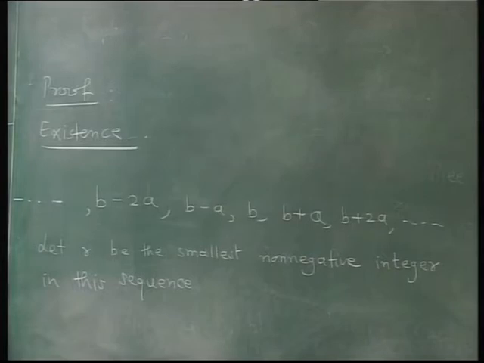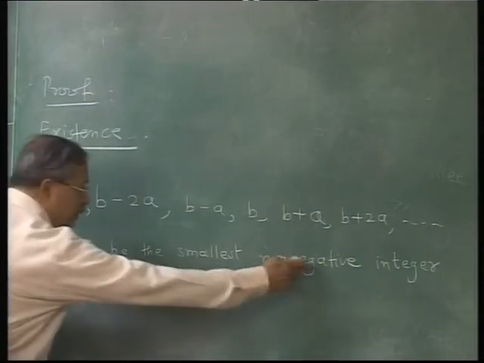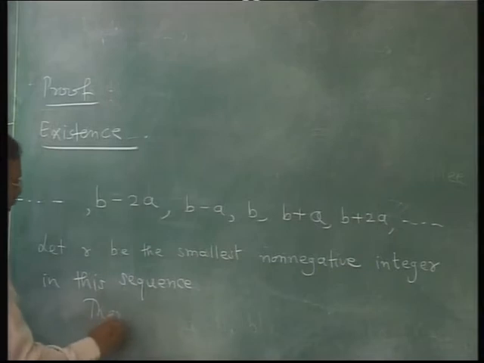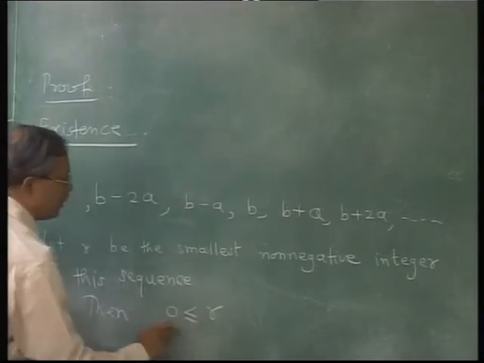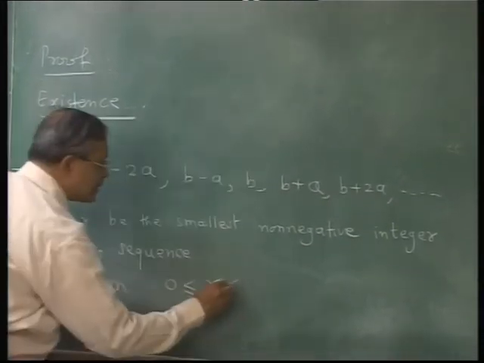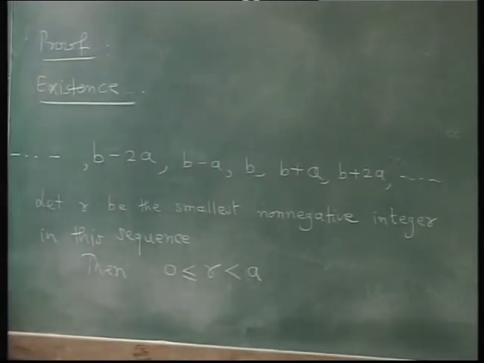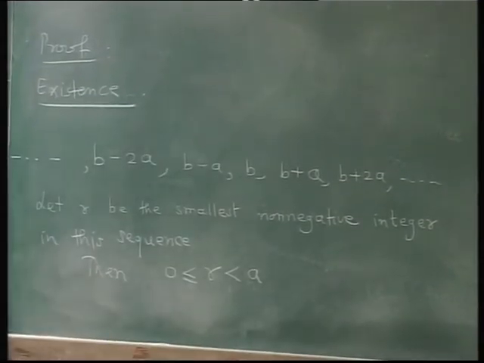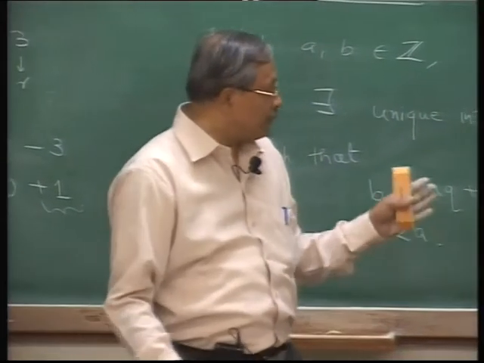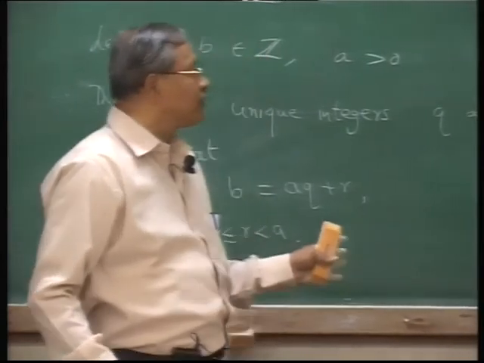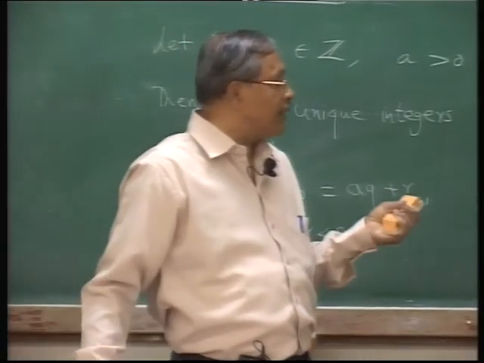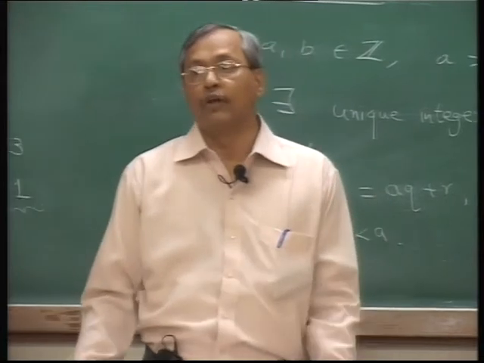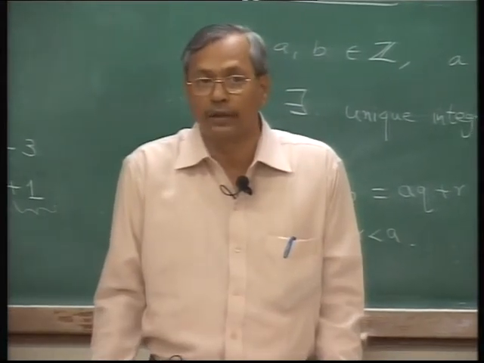Now it is clear that this number r is non-negative, so 0 less than or equal to r, and it is less than a. r is less than a, because if it is bigger than a, then if I consider the previous number, that was this number minus a, that would also be a non-negative number in this sequence, and that will be smaller than this.